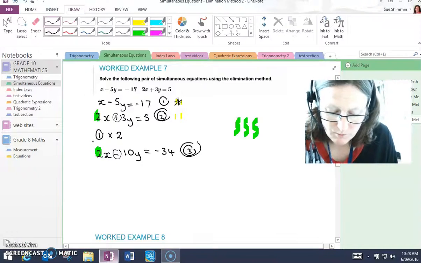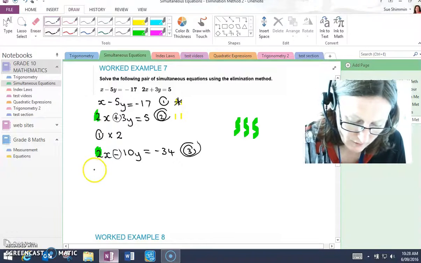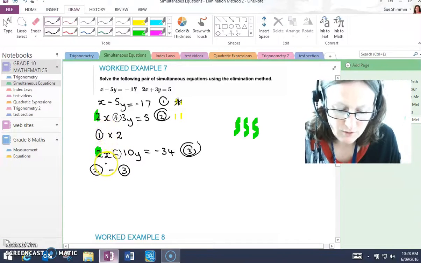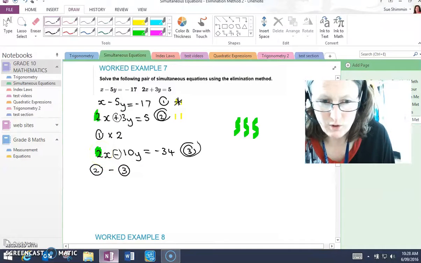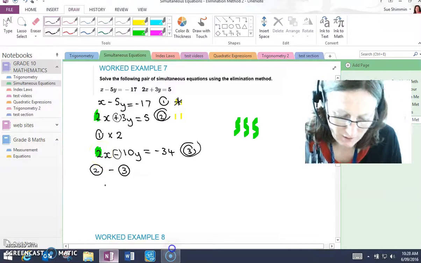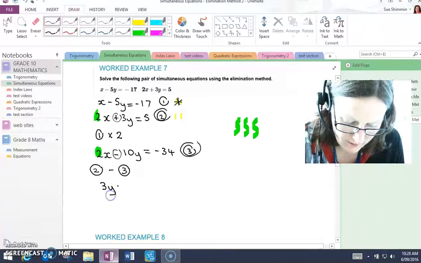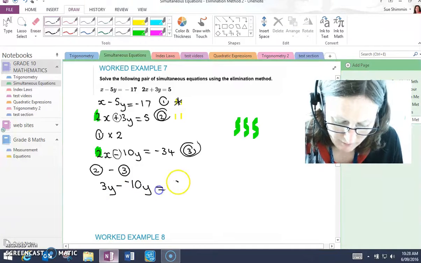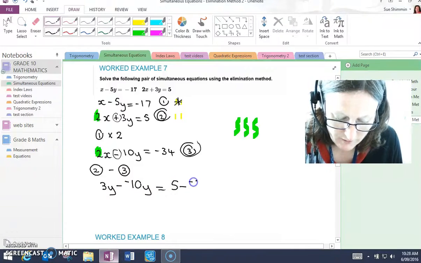So we subtract. So we go equation 2, subtract equation 3. So we have 2x, subtract 2x. It's gone. The x's are eliminated. We then have 3y subtract minus 10y, and we have 5 subtract minus 34.